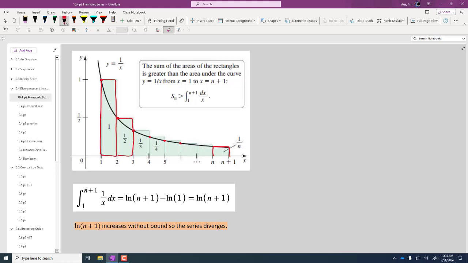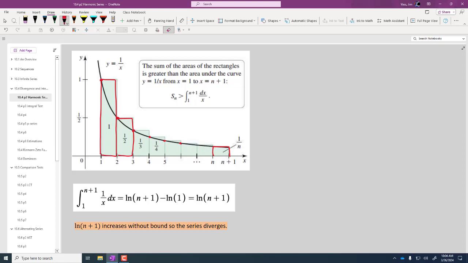The second rectangle, the 2 is on the left. The 3 is on the left. The n is on the left. So if we add up all those green rectangles, that's a visualization for what S sub n is. S sub n means the sum of the first n terms, so in this case, the sum of the first n rectangles.